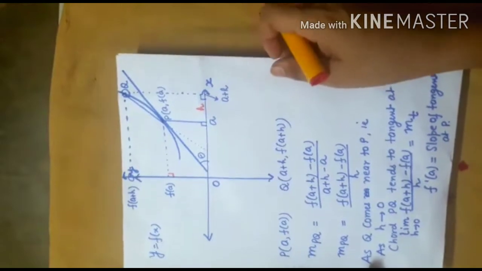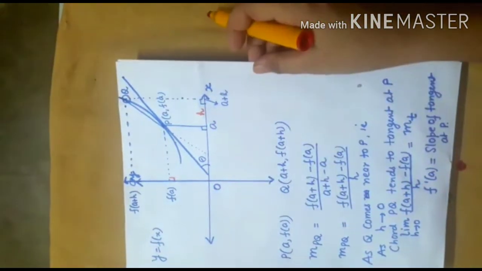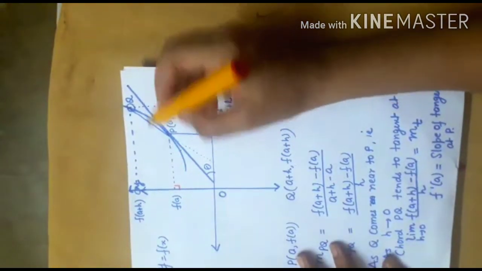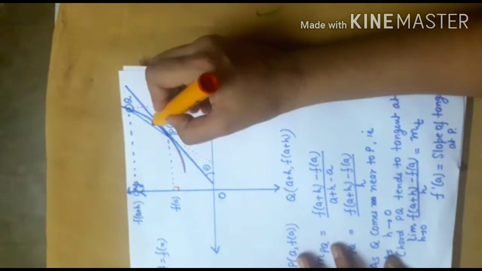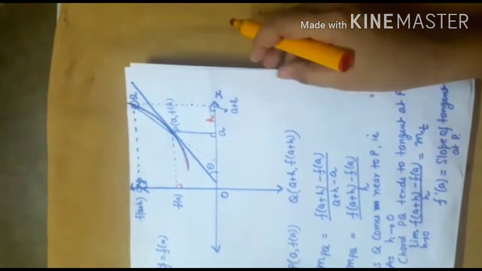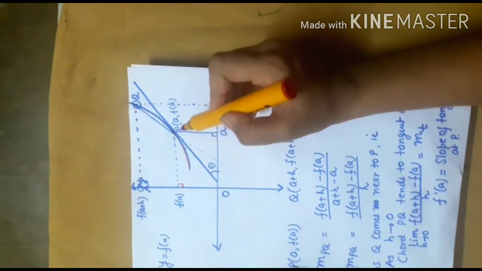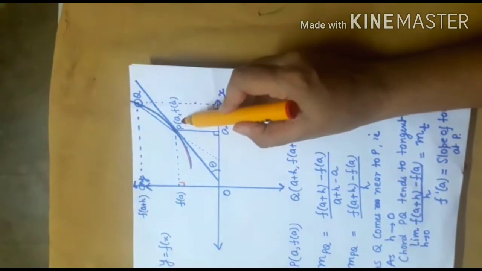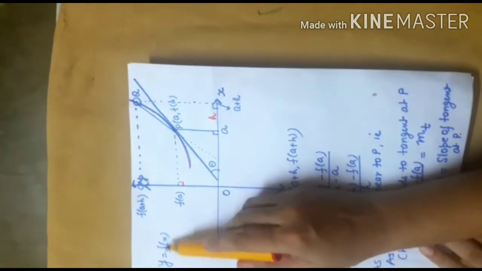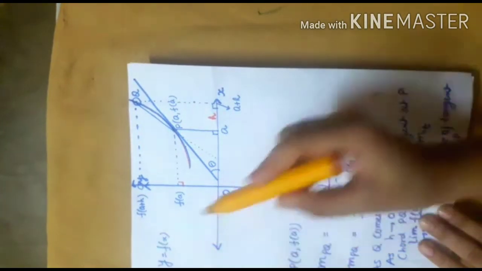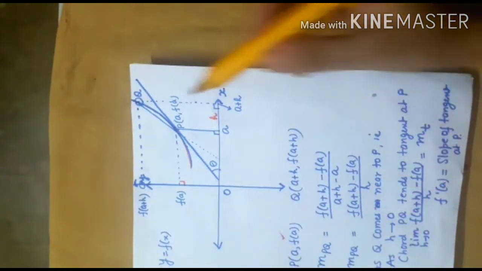Okay, now look here. Let y equal to f(x) be a function and let this be the curve y equal to f(x), right? P be a point on this curve and the coordinates of the point P are (a, f(a)). When x is a, the value of y will be f(a).